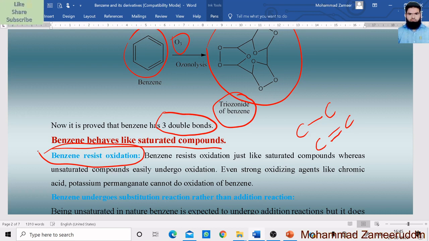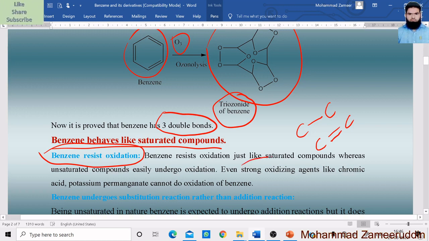Since benzene also has unsaturation, meaning double bonds are there, it should undergo oxidation, but benzene resists oxidation; benzene does not easily undergo oxidation. So this is one contradiction: if benzene is an unsaturated compound then it should undergo oxidation, but still it is not undergoing oxidation.